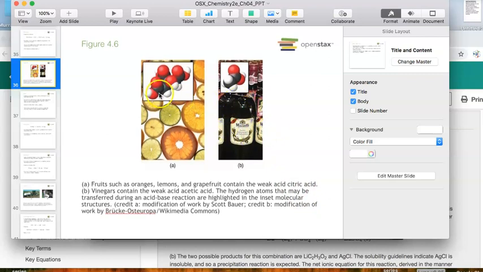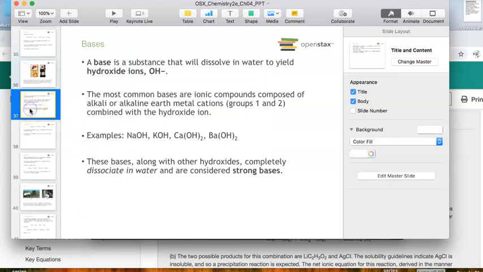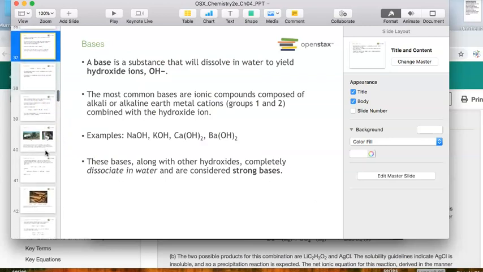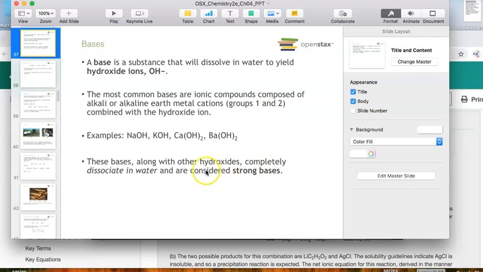So here we see the molecular structures for acetic acid and citric acid, and they're important parts of our daily lives. We end up consuming a lot of acids on a daily basis, especially if you like drinking soda pop, for example, which is very acidic.